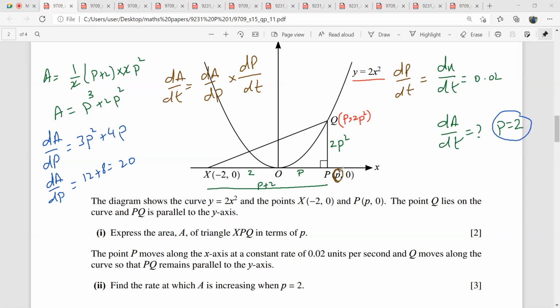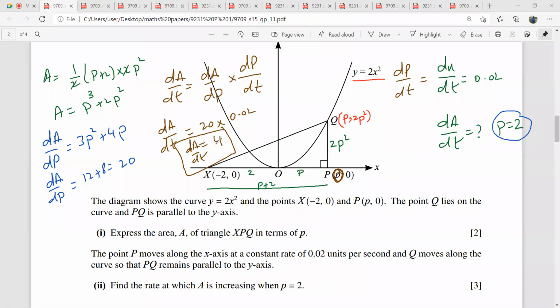Can you see that this is at this place of the x coordinate here? So this is where he has tried to confuse you. So dA by dt is dA by dP, that is 20, times dP by dt, that is 0.02. So you have 4 units square per second. That is your dA by dt.